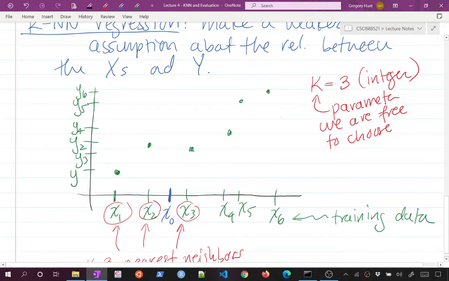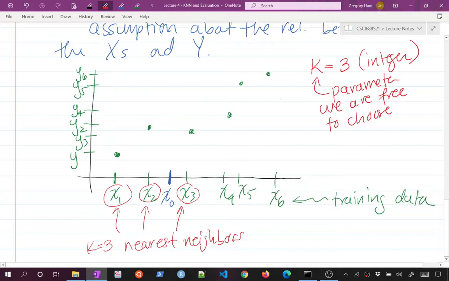And hence the name of the algorithm. And I'm going to say that the predicted value corresponding to a value of x naught should basically just be the average of the corresponding y's. So x1 corresponds to this green y1. x2 corresponds to that one, which we said is y2.